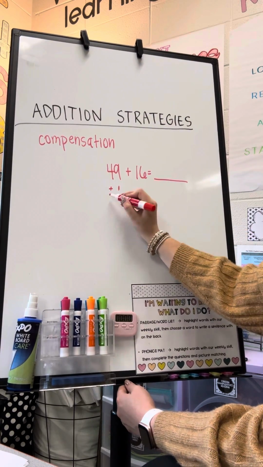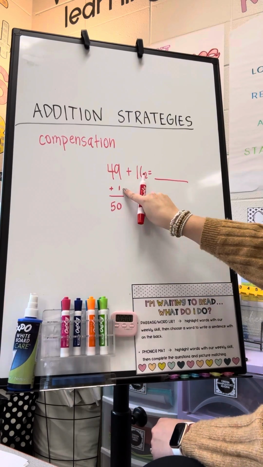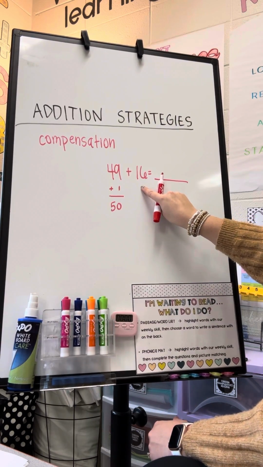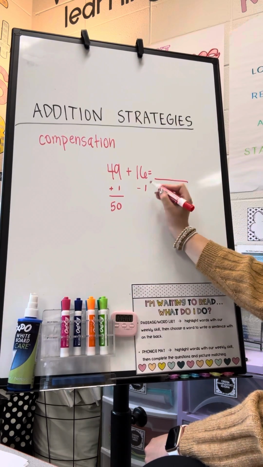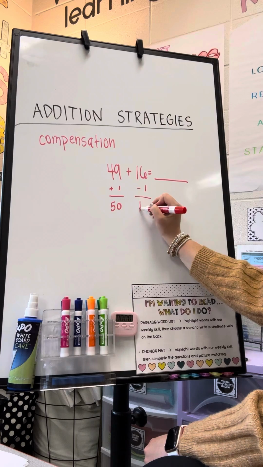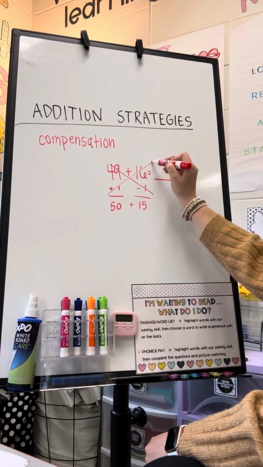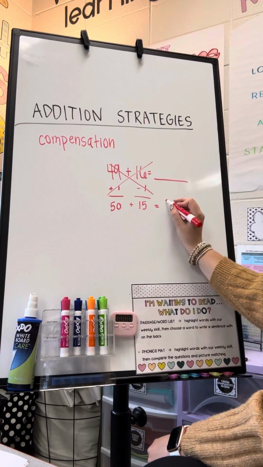Okay, well, it just needs 1, and then it'll become 50. Well, if I'm adding 1 to this, I have to take it away from my second addend. Okay, so 16, take away 1, is going to be 15. And so now I have this new clean equation of 50 plus 15.